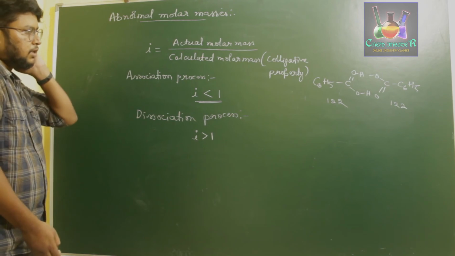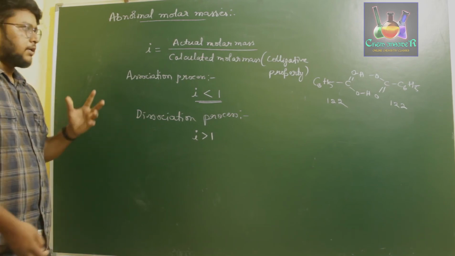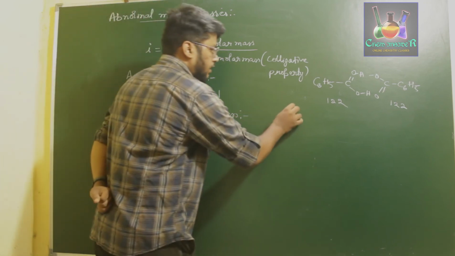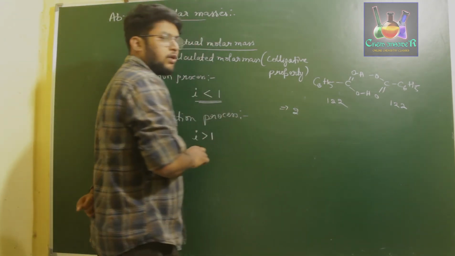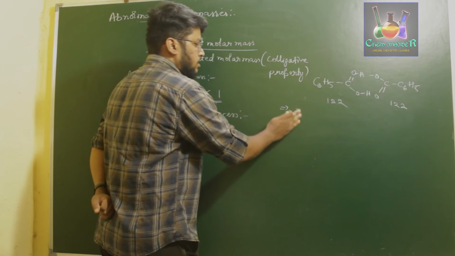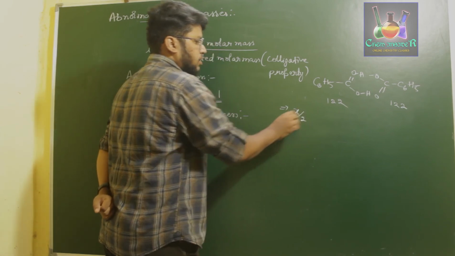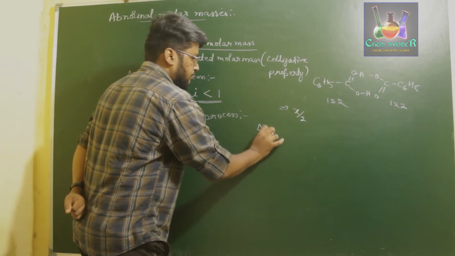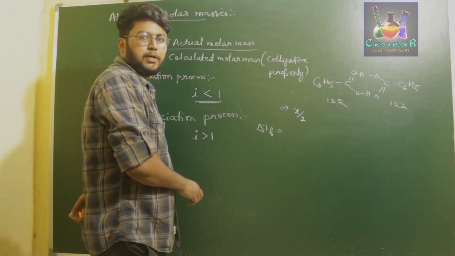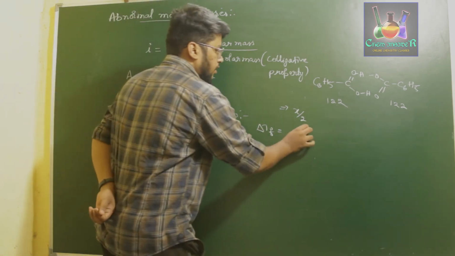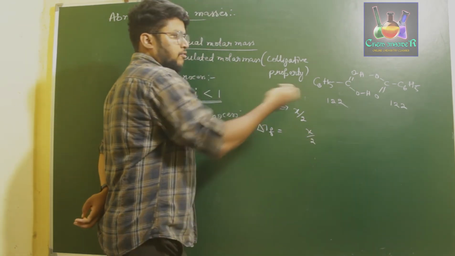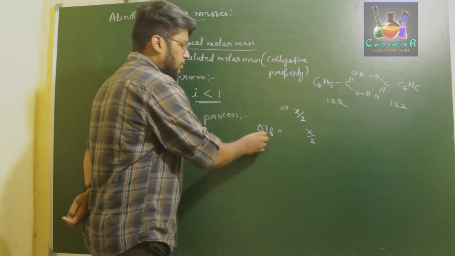Whenever you calculate a colligative property, if you are getting a dimer, the compound will be of molecular concentration x by 2. Delta Tf depends upon the molecularity. If the number of moles is x by 2, that means once the dimer is formed, delta Tf becomes half.